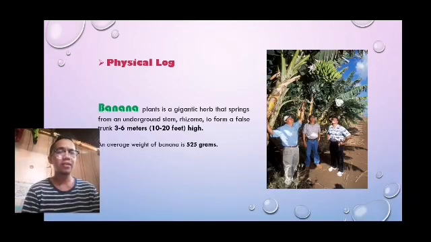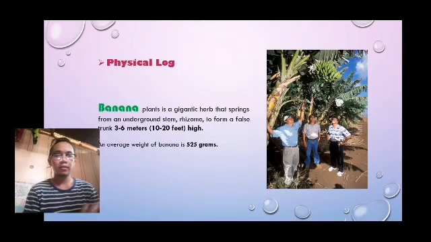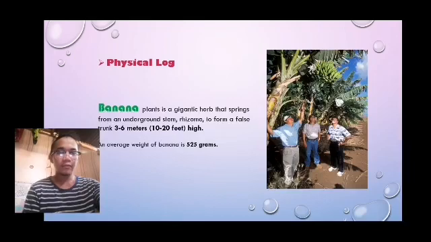So you can imagine how tall that banana tree is. It grows from an underground stem, a rhizome, to form a false trunk 3 to 6 meters or 10 to 20 feet high. So as you can see in this picture, that's how tall the tree is.